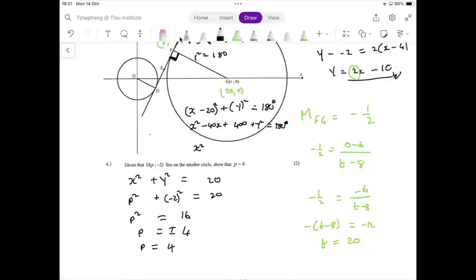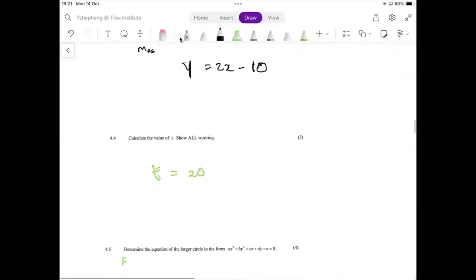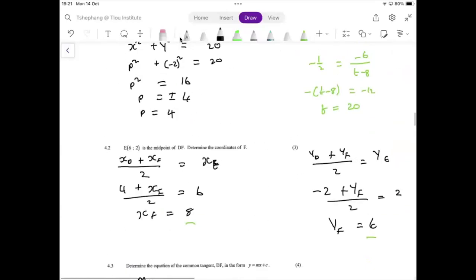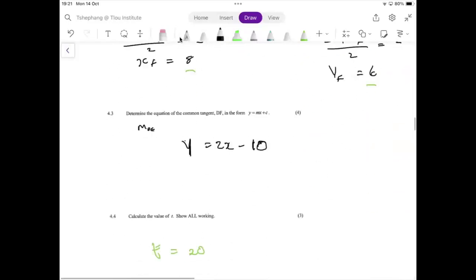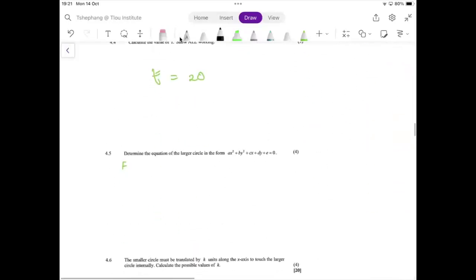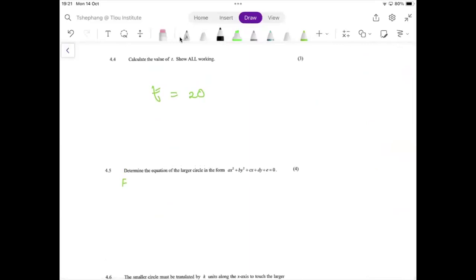And x squared plus y squared minus 40x plus 220 is equal to 0. So x squared plus y squared minus 40x plus 220.